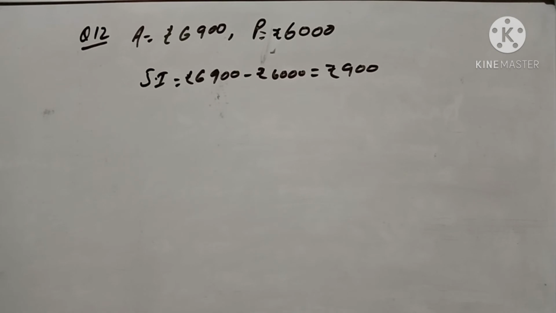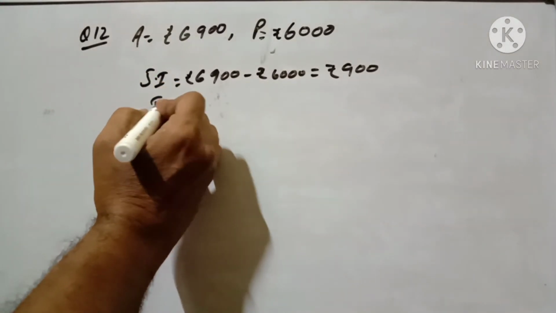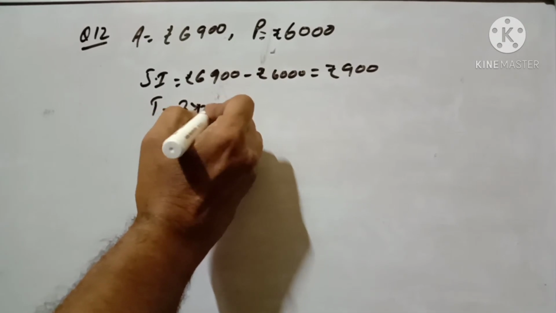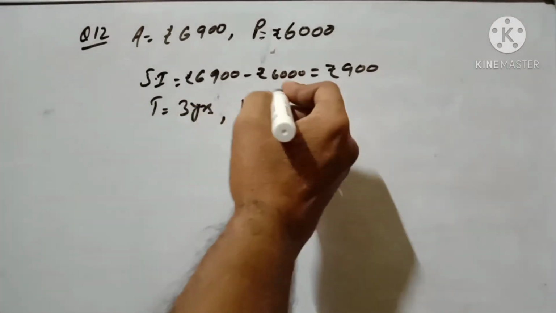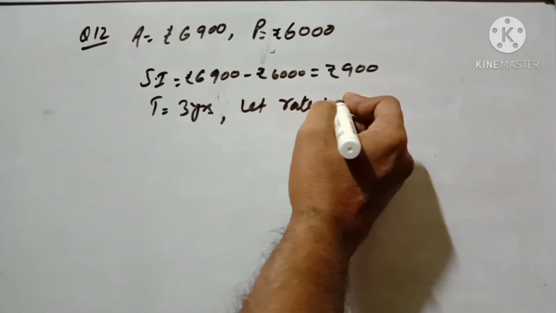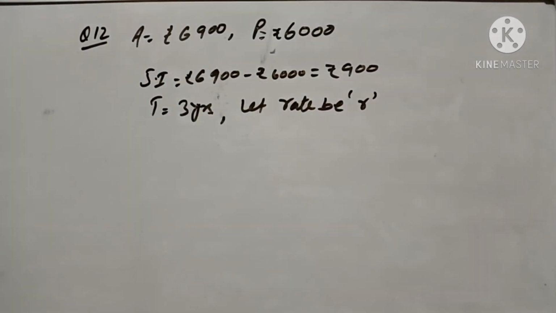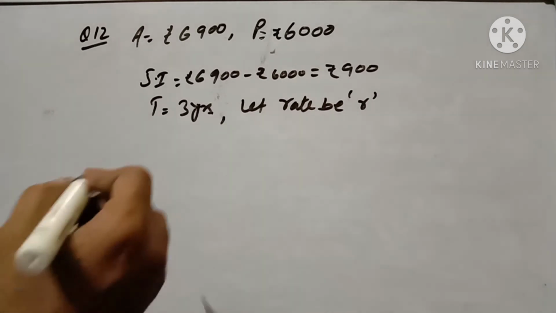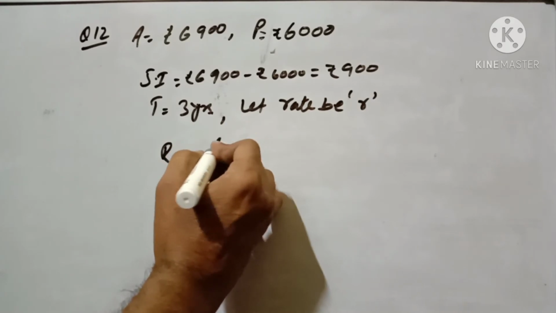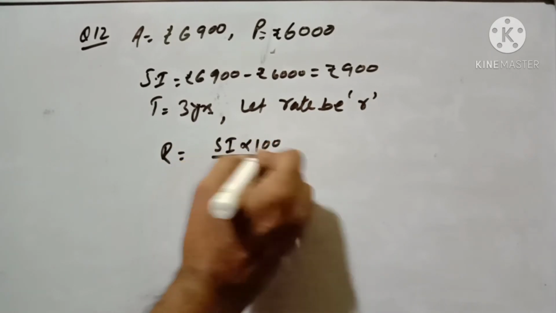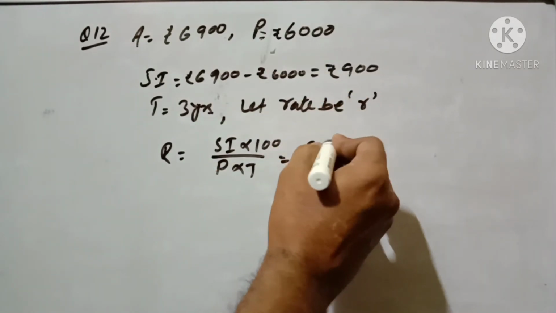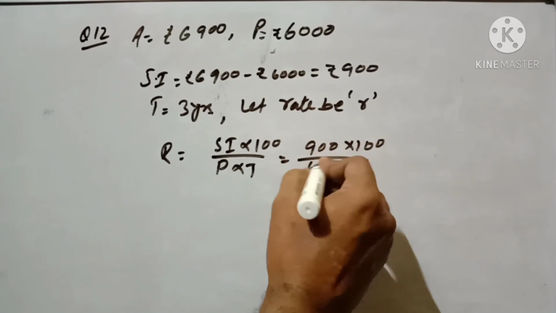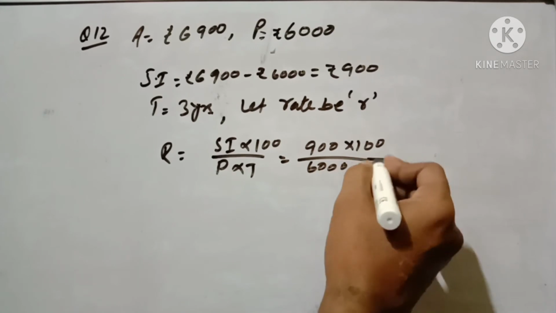Time is given 3 years. Let rate be R. Therefore, as we know, R equal to SI into 100 by P into T. So our SI has come 900 into 100 and P is 6000 into time is 3 years.